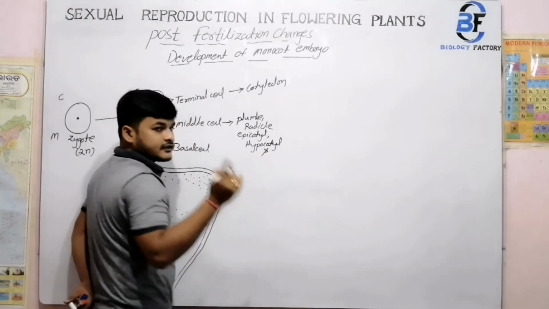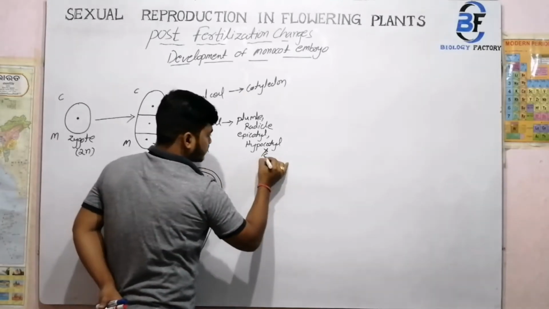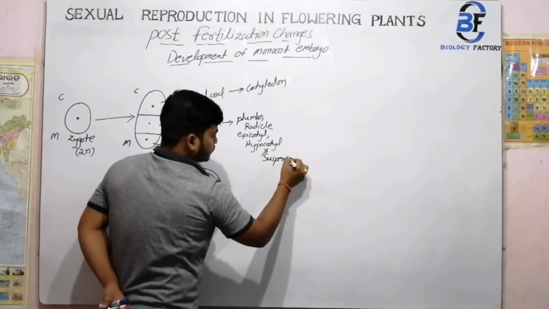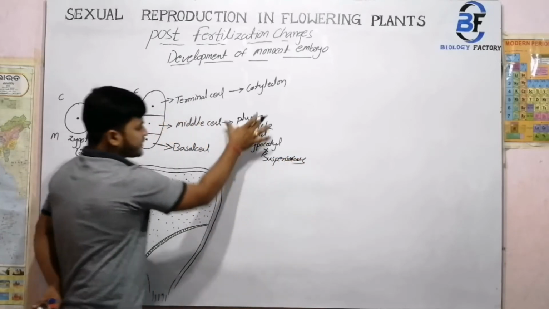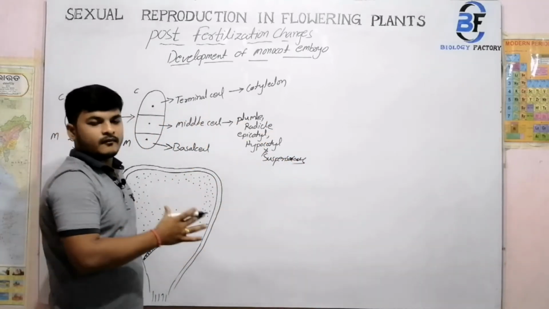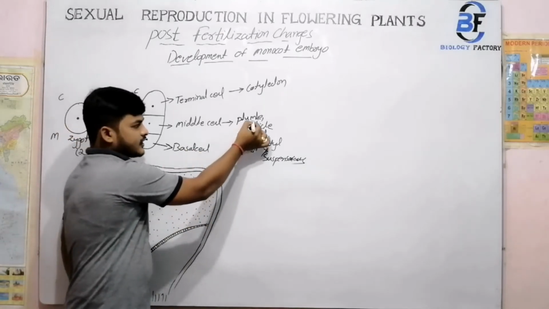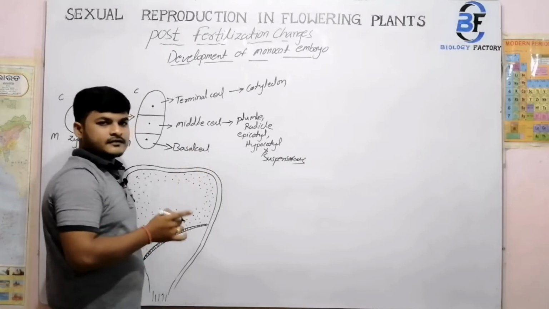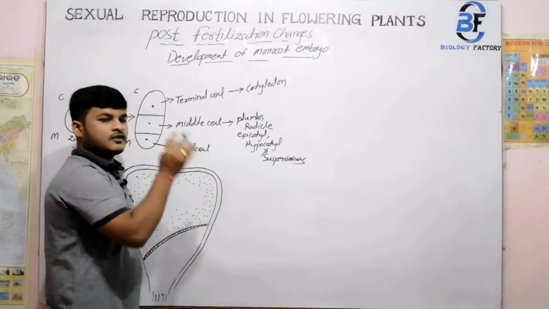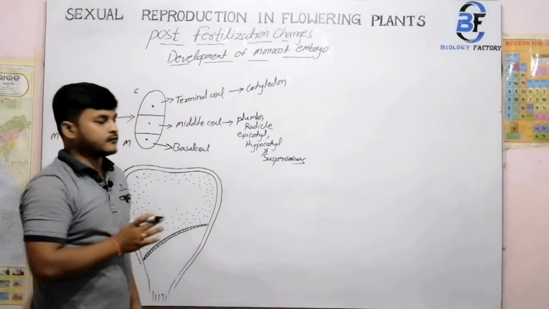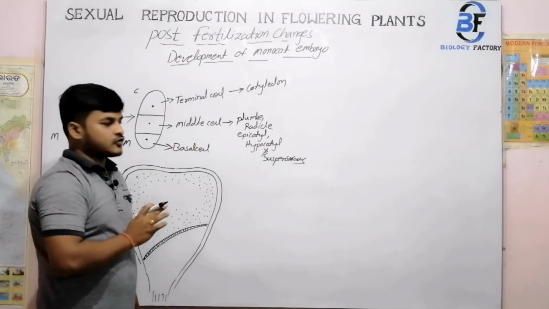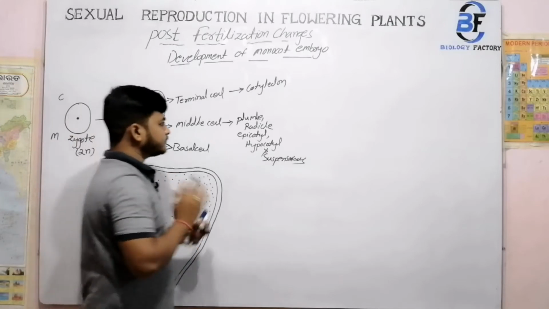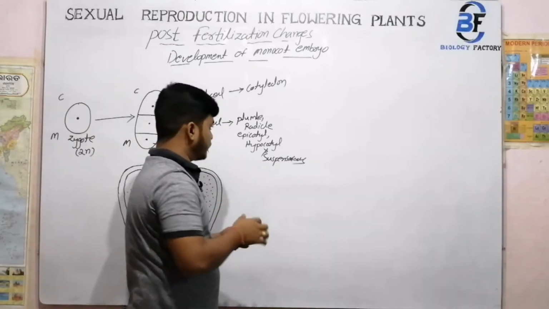And lastly the suspensor is also formed. So these are all the things that change from the middle cell: the plumule, the radicle, the epicotyl, the hypocotyl, and the suspensor are formed from the middle cell. So it plays a vital role in the monocot embryo. I think it is clear to you.